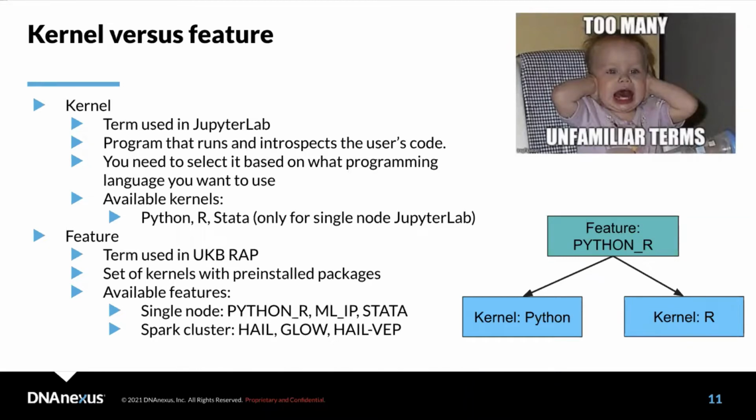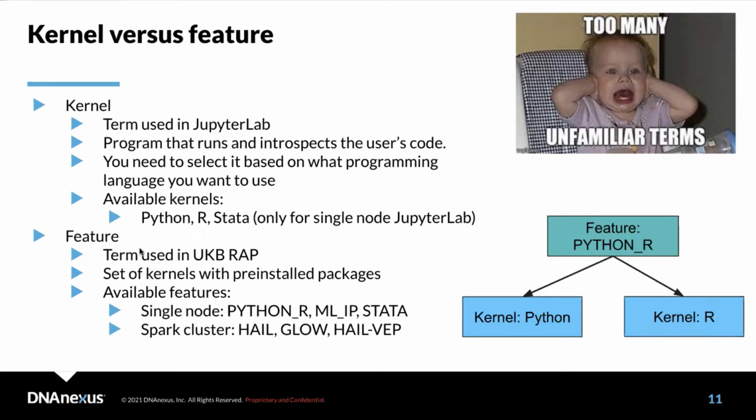Quick question. I'm already confused. Why do we use both of these terms? Yes, this is confusing. The thing is that in a few moments we will be launching JupyterLab, and to launch JupyterLab on UKB-RAP, you need to know what feature you want to use.